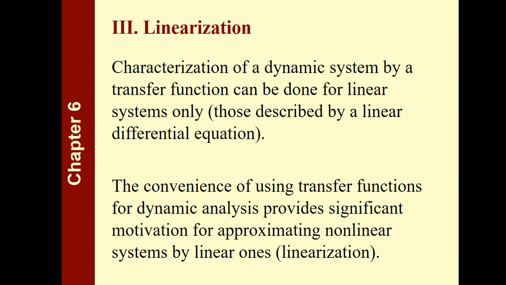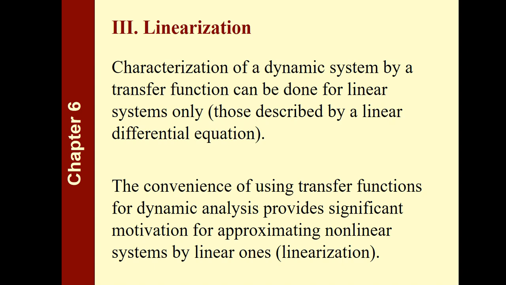In that case, we cannot go on in our derivation because Q sub O is not linear in its relationship with H. There's a need for us to linearize. No dynamic system can be characterized if it is non-linear. So we need to linearize, and then that's the time that we can get its transfer function.